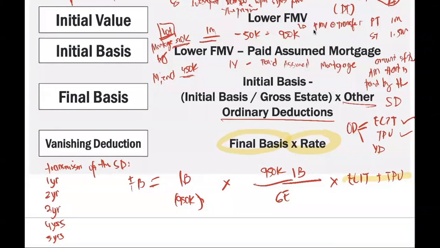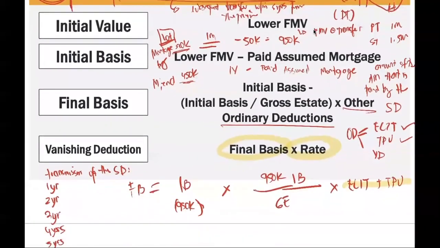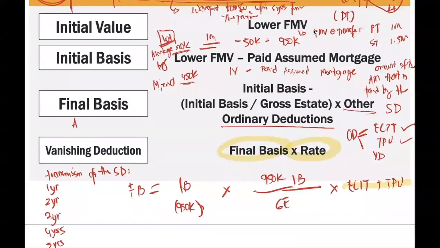So, ganun yung titingnan ninyo. Kasi nga, ang kwento dito sa vanishing deduction, A, either namatay or nag-donate kay B. B, namatay. So, i-count nyo yung time from the first transfer to the time of death. Is it 1 year, 2 years, 3 years, 4 years, or 5 years?